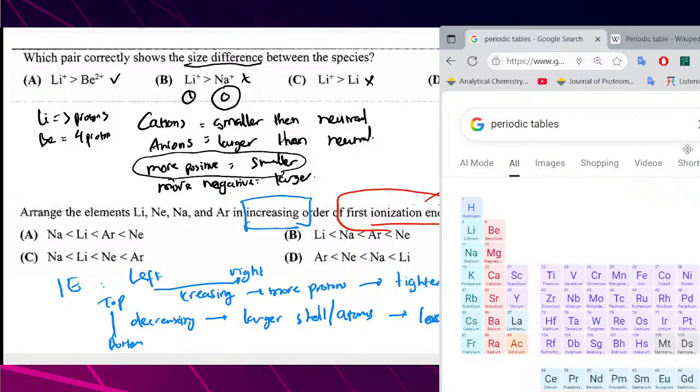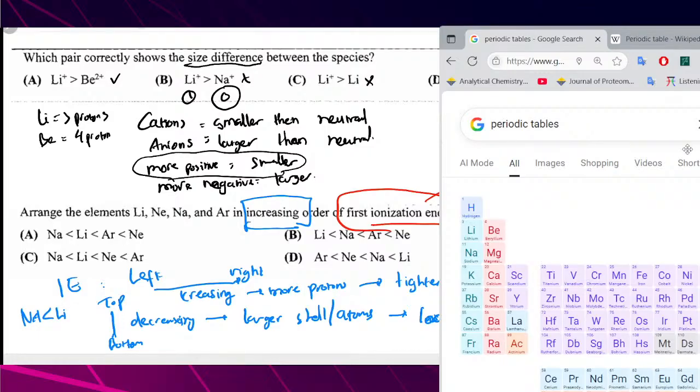So the lowest one should be Na, because it has more shells. Taking out the electron from this element is easier than from lithium, because lithium has fewer shells, so it holds more strongly. So the answer is Na, and then lithium.